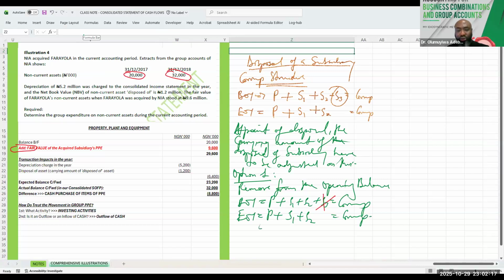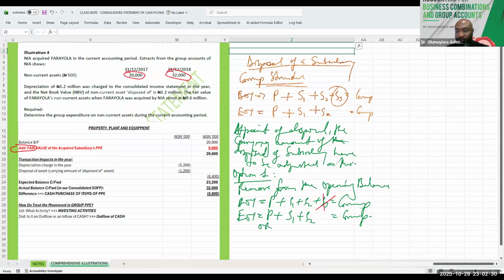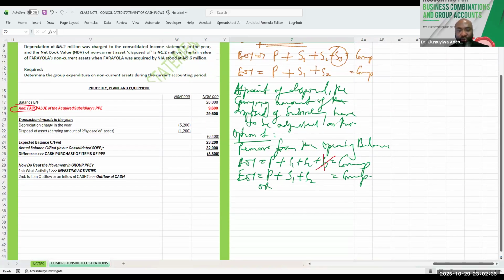Or option 2. Option 2 is to add to the closing balance as if it has not been disposed of, which means the beginning balance is P, S1, S2, and S3 to make up the group.